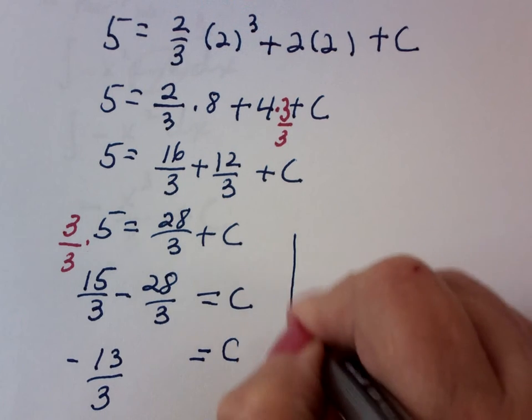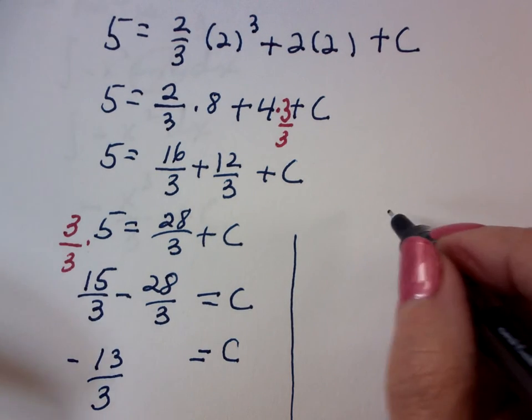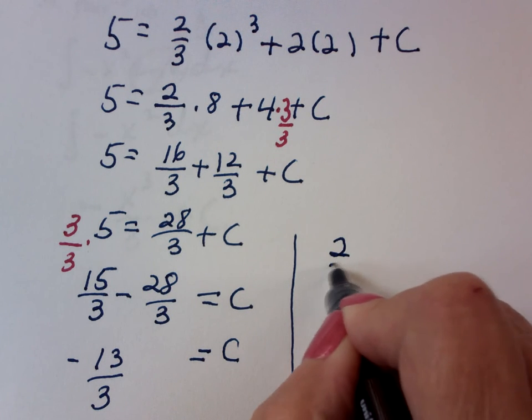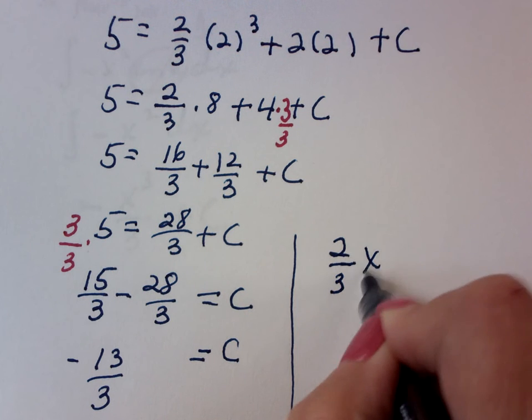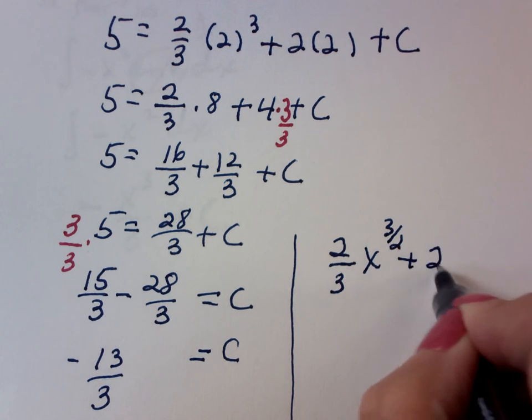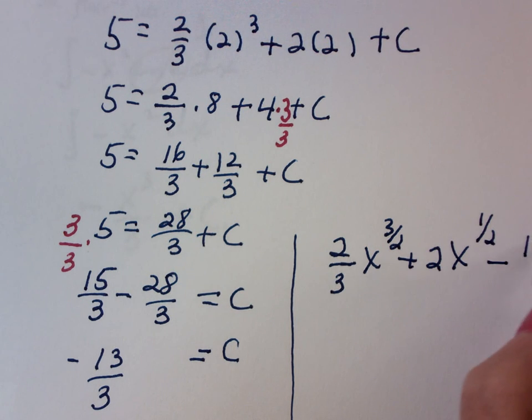So what's my answer? My answer, I've already lost it a long time ago, is 2/3 x to the 3 halves plus 2 x to the 1/2 minus 13 thirds.